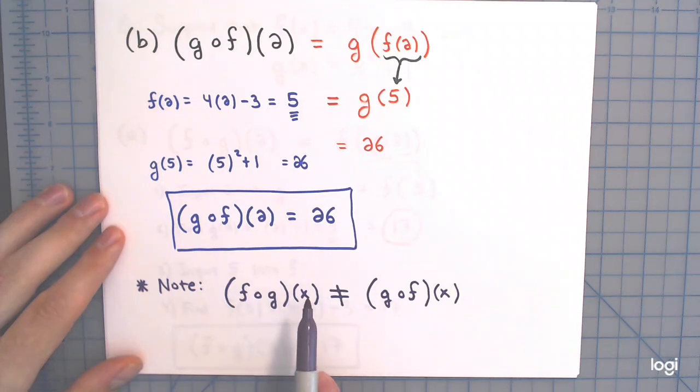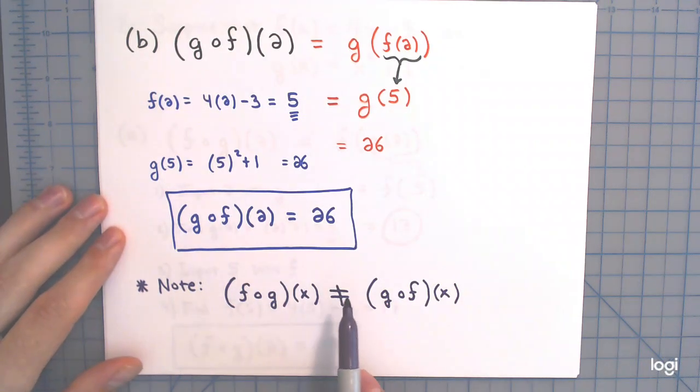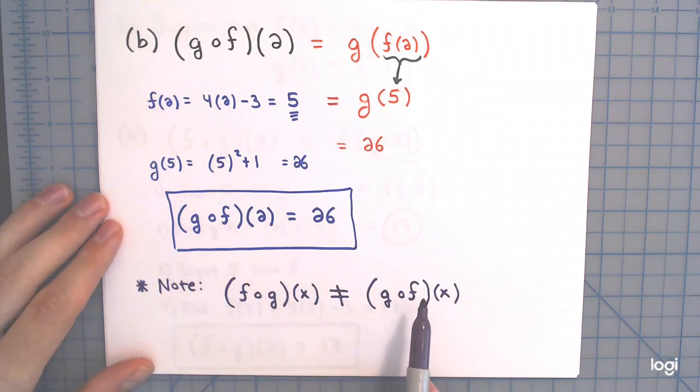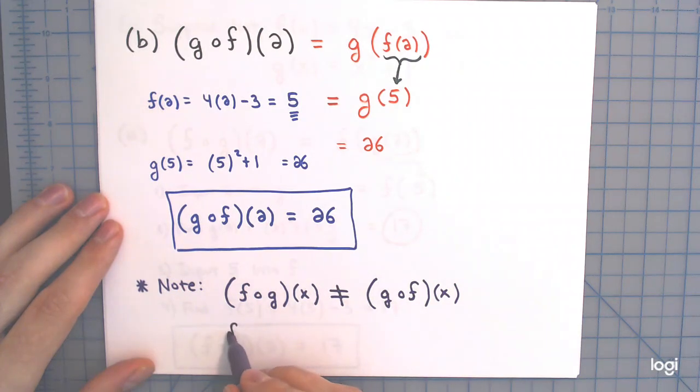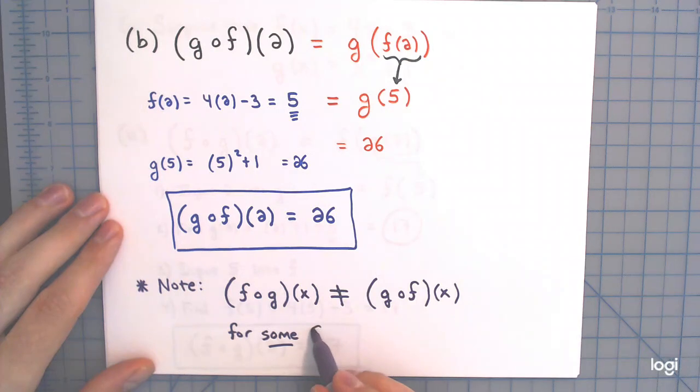So f composed with g at x is not always the same as g composed with f at x. This is for some functions f and g. Okay, I'll say some.